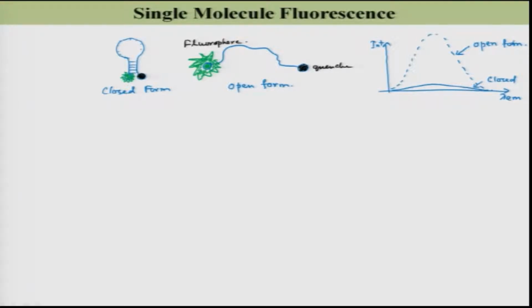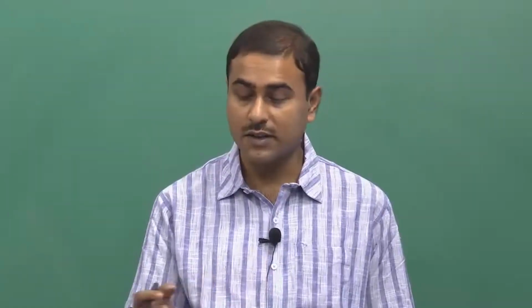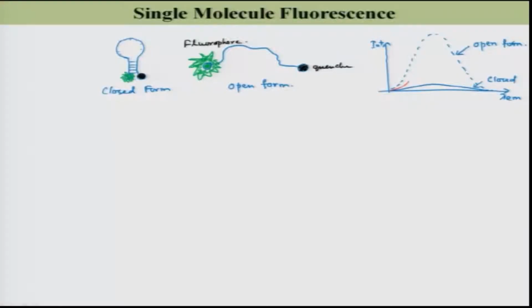Now, consider you have taken this molecule in a different solvent and what you are getting experimentally is something like this. Now, my question is, this is your measurement. So, my question is, what is your conclusion?